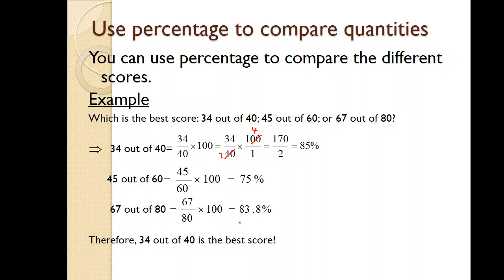You can see that here you get 83.8 percent. That's why you can see 85 is the highest one. So in our conclusion you can say, therefore, 34 out of 40 is the best score. You can see that this one has the higher percentage. That's why it's the best one.